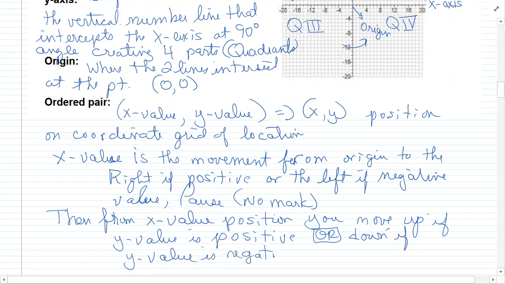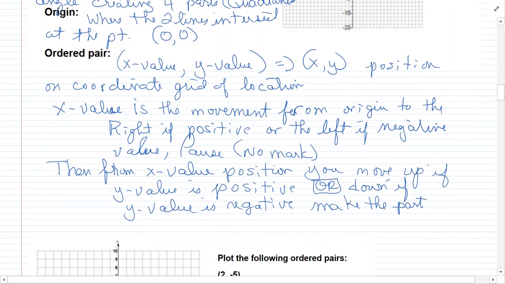And now make the mark. To plot ordered pair position. All right, so there we have the initial values of what we're going to be doing.